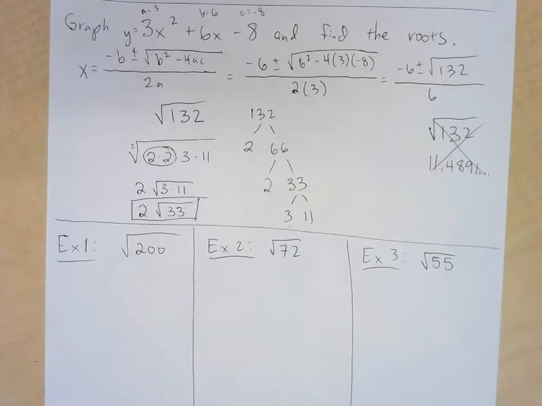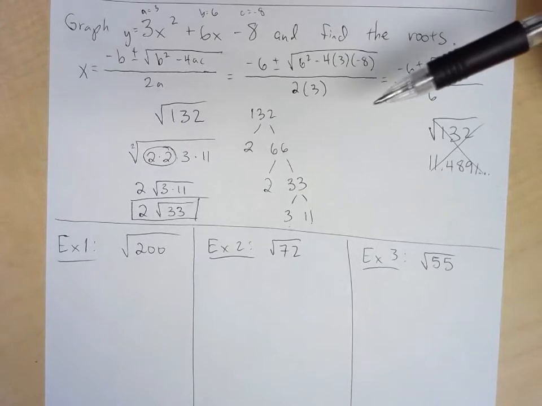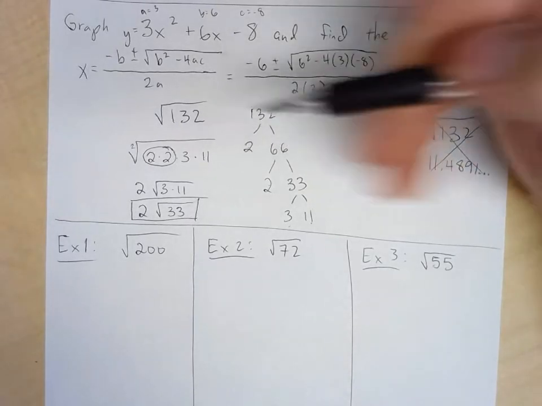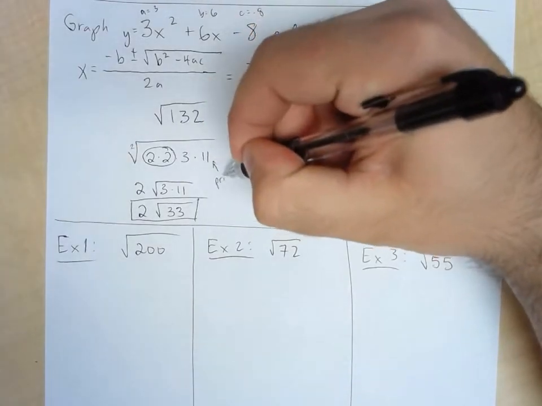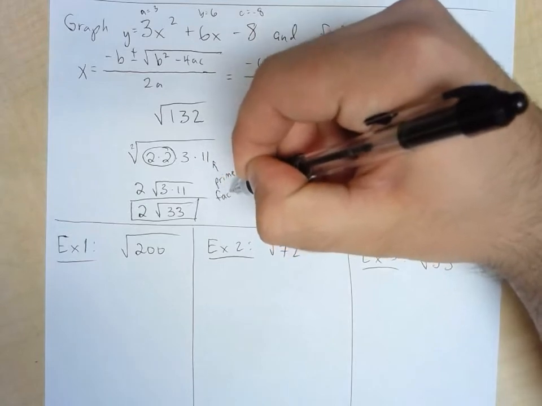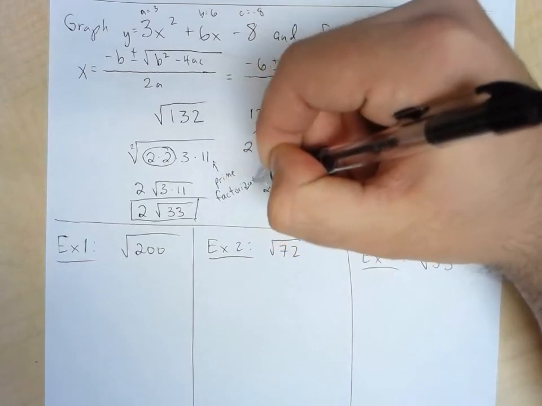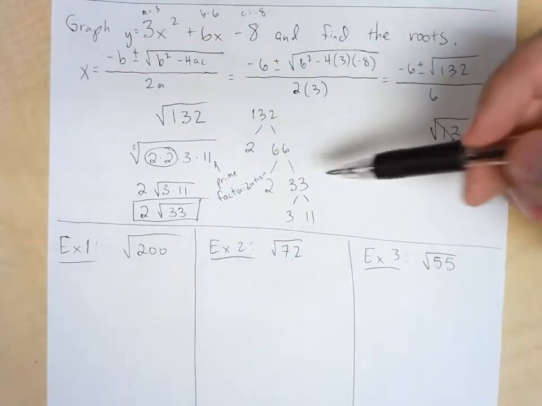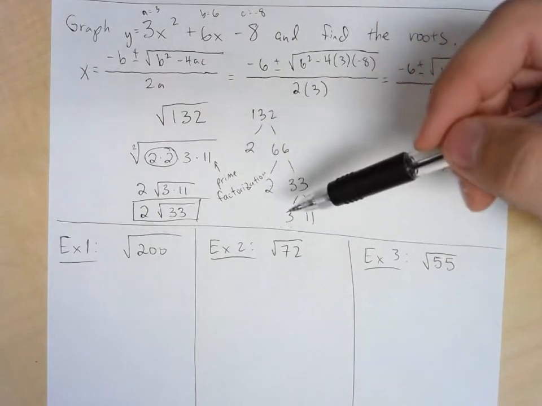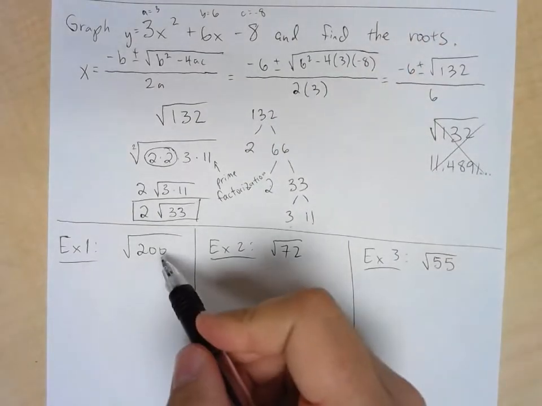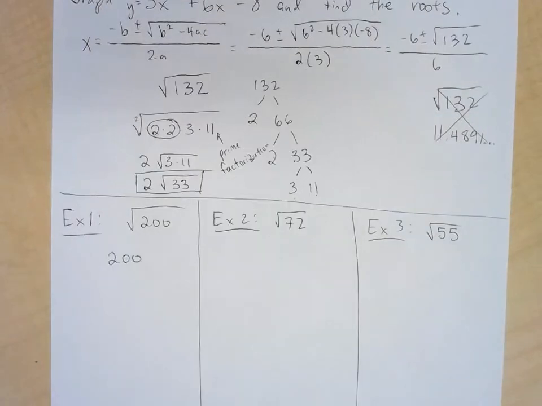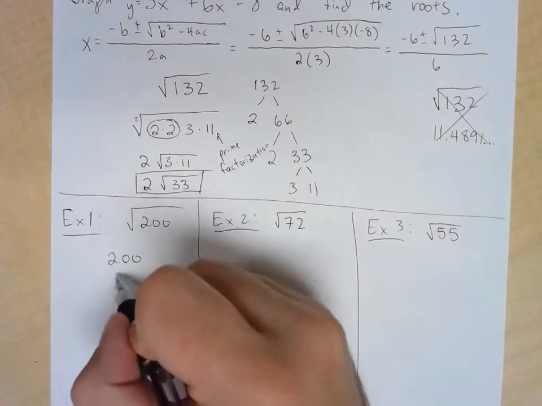So, square root of 200. Unless you are able to precisely do the prime factorization of your number on the inside, you should definitely make yourself a little tree each time. So for 200, I know that 200 is 2 and 100.